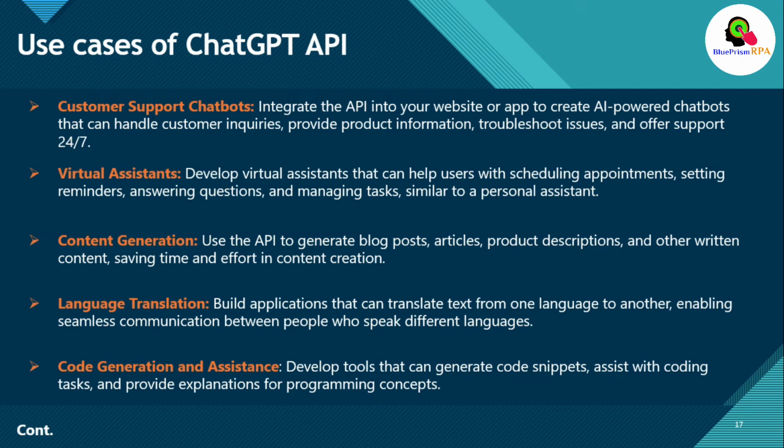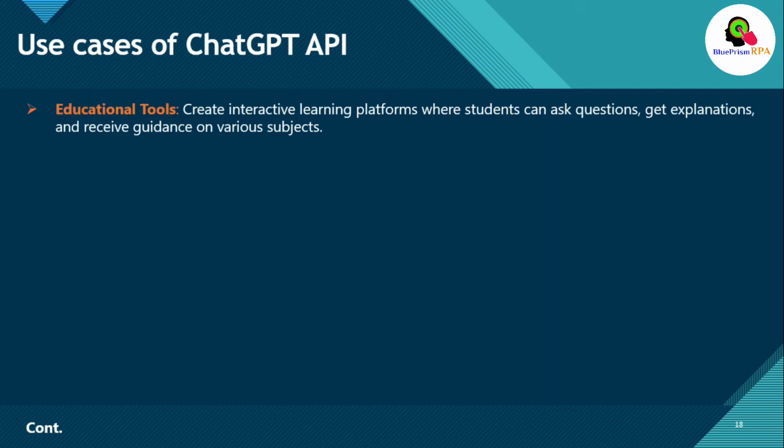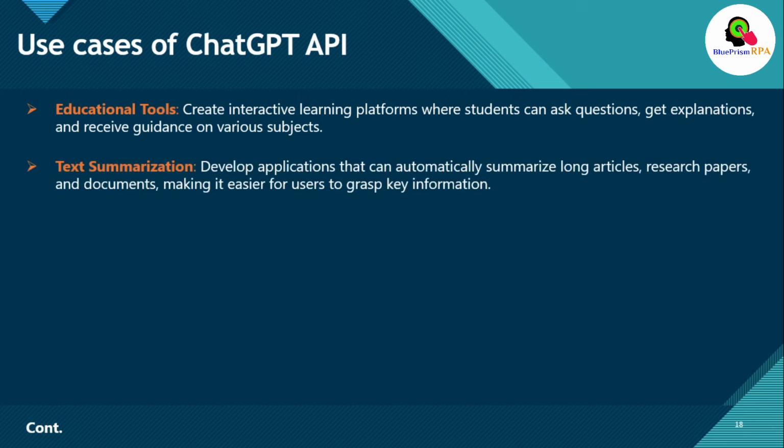So basically, these are the use cases of ChatGPT, and these things we can integrate in our application with the use of ChatGPT API. Educational tools. We can create interactive learning platforms where students can ask questions, get explanations, and receive guidance on various subjects. Text summarization. We can develop applications that can automatically summarize long articles, research papers, and documents, making it easier for users to grasp key information.